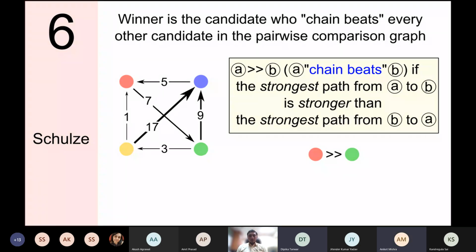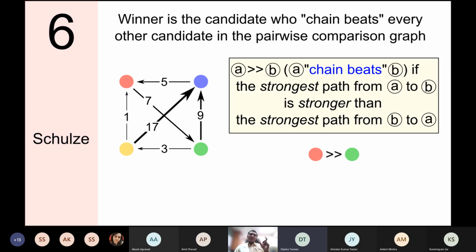Because the strongest path from red to green was of strength 7 and green to red was of strength 5. Okay. Anyone disagrees with any case? Good. Right. So we just saw this example.